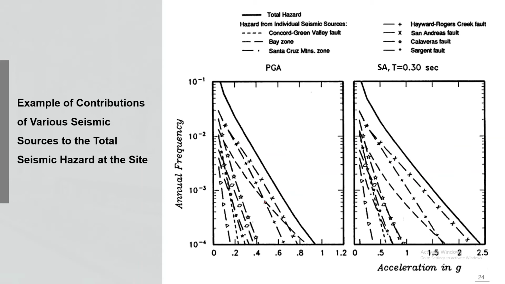Here is another example. The solid line is the total hazard and all the dotted lines are the hazard from individual seismic sources. All of these lines are individual seismic sources, individual faults or maybe individual area sources, but the solid line is the total curve. You can see here that the curve which has the highest annual frequency is mostly governing the seismic hazard at this site for a reasonable range of PGA values.